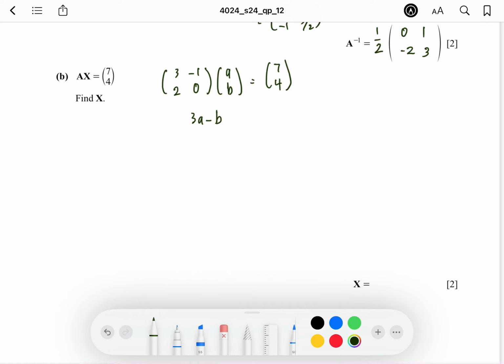On the right or below? Below. Very good. So 2A, 0. So 2A sajalah. Okay.